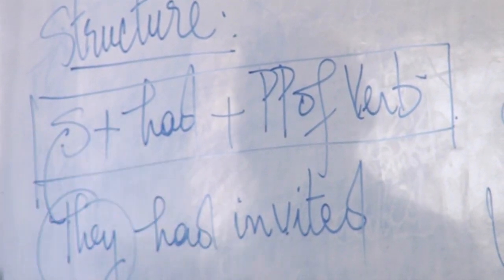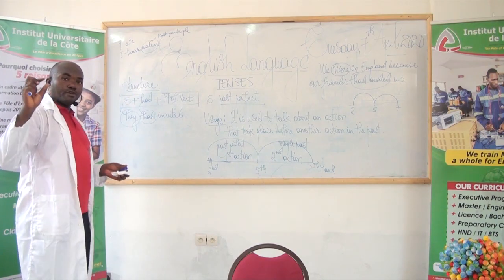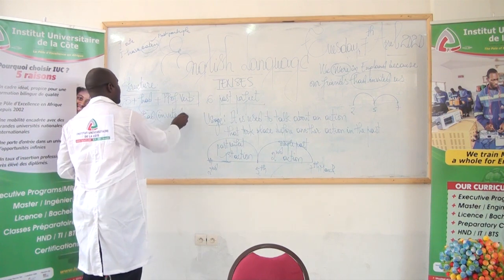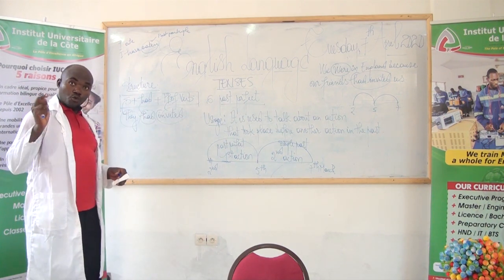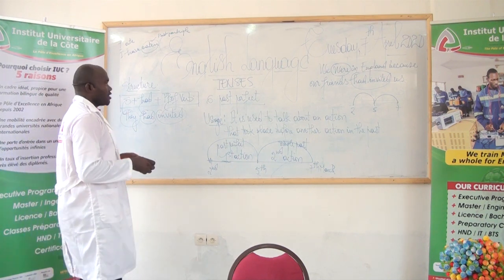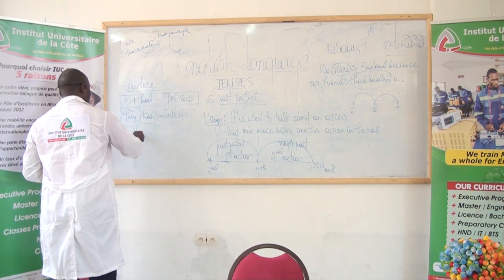They stands for the subject. Had stands for the auxiliary to have, conjugated to the simple past tense. And invited stands for the past participle of the verb to invite. Okay. We are going to continue with the signal words.